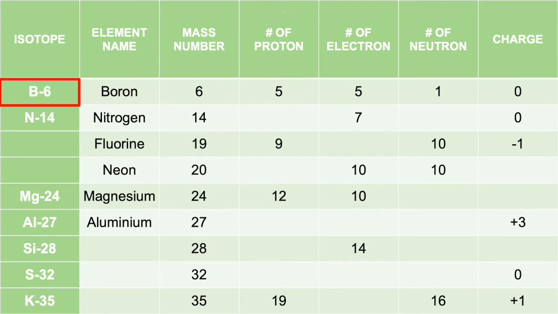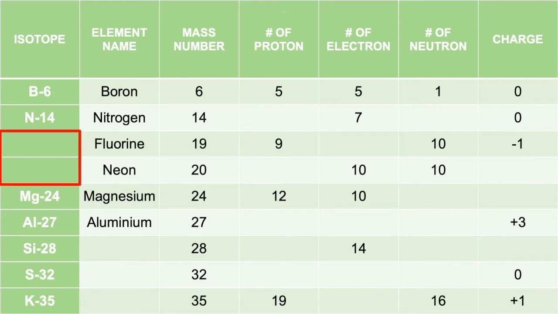Let us first take a look at isotope B-6. In writing the isotope, take note that it is composed of a letter, a dash, and a number. This is read as B-6.